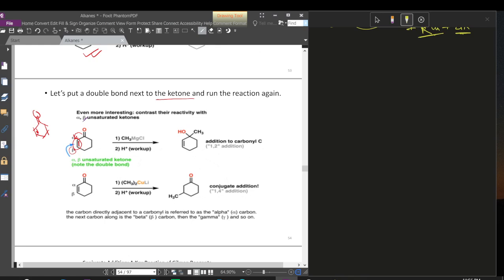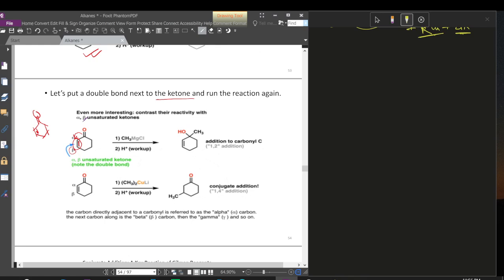So for this double bond, the Grignard reagents react with it easily, but here we see that the organocuprate also reacts with these carbonyls when you put in a double bond.